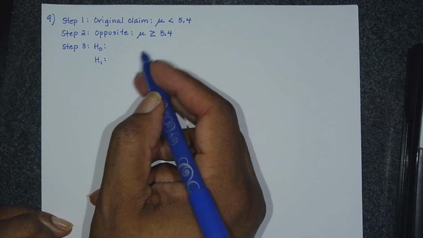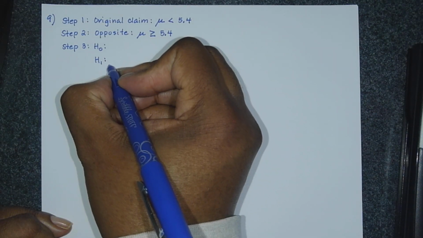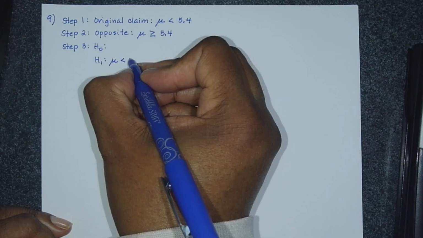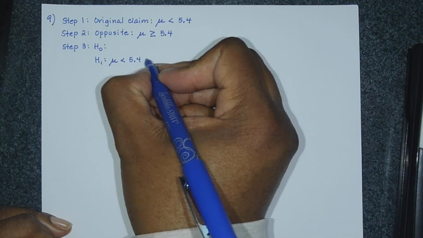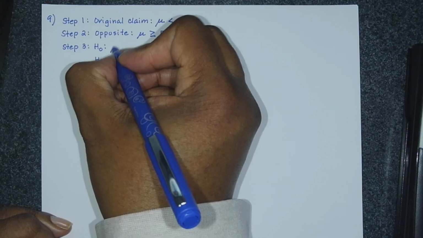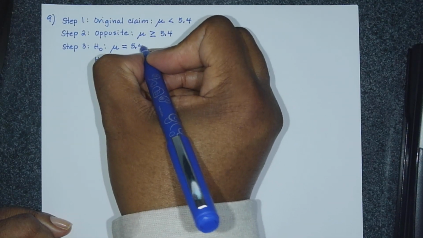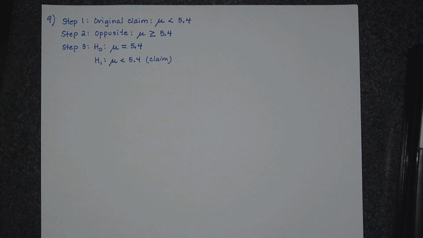So which one of these would be my alternative hypothesis? The less than, so it'd be mu is less than 5.4, which is also the claim. So that means that the null means that mu is what? Equal to 5.4.